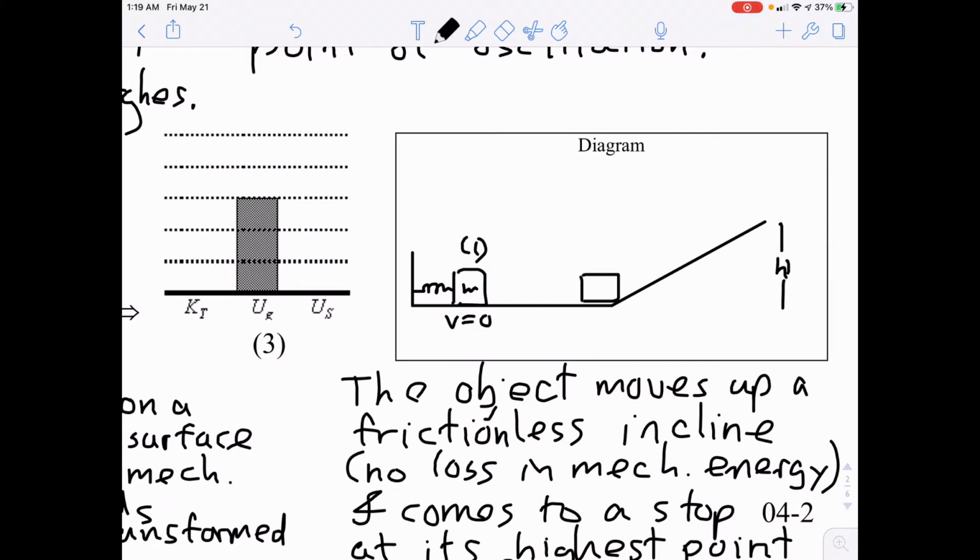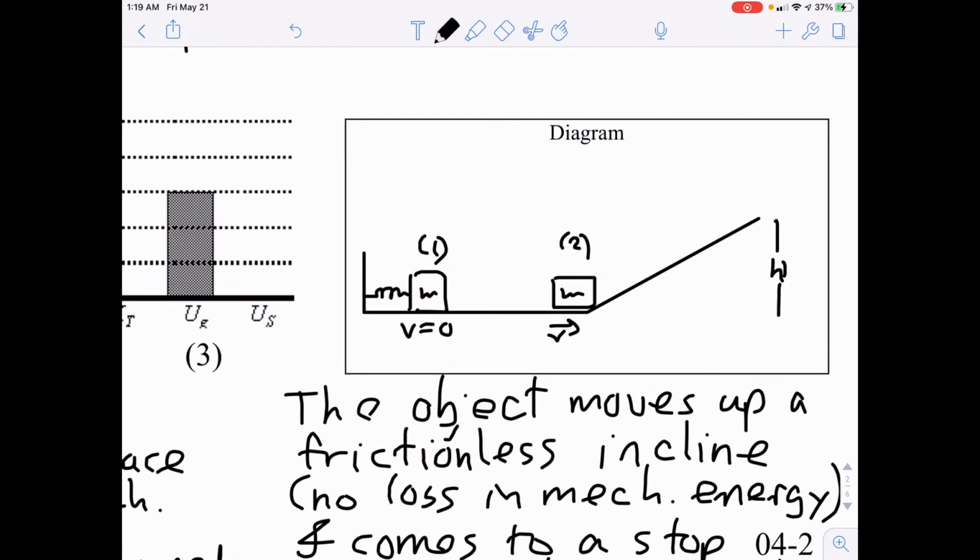Mass completely gets to the end here with some movement. Mass reaches its highest point and stops.